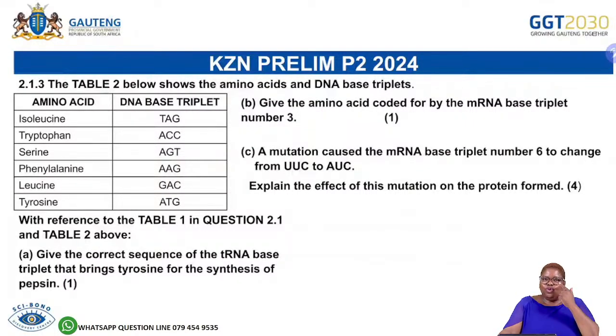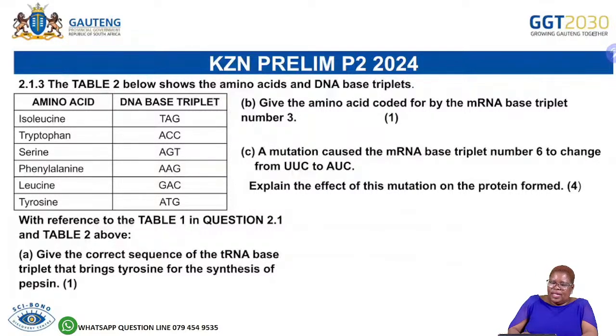KZN Prelim Paper 2 2024. This is the information given. Give the correct sequence of the tRNA base triplet, and remember I've given you 2 scenarios, when amino acids are different and when amino acids are the same. So that should be the approach. Look at those codons, and get the mRNA there, and the anticodons for those.